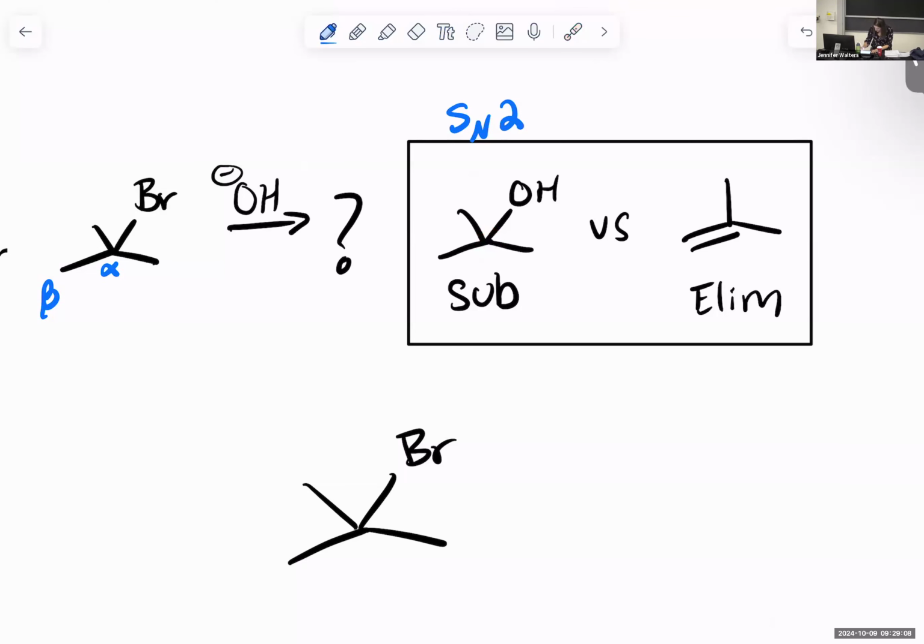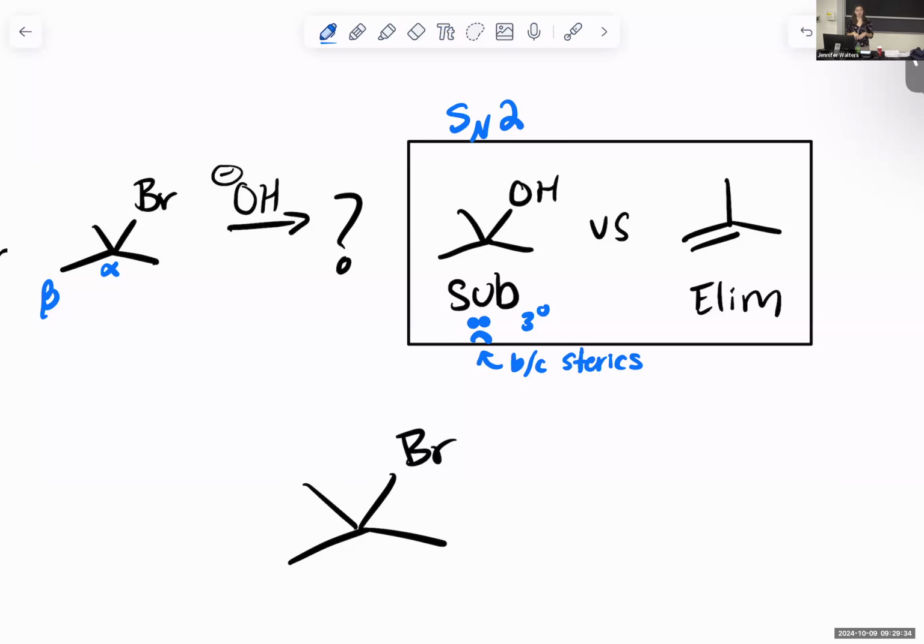So this is hard trying to do with tertiary because of sterics. Sad face because sterics. That's why SN2 preferred the primary, because it was trying to get at the carbon that had the leaving group. There's a lot of stuff around it. It's hard to access it. It's hard to get there.